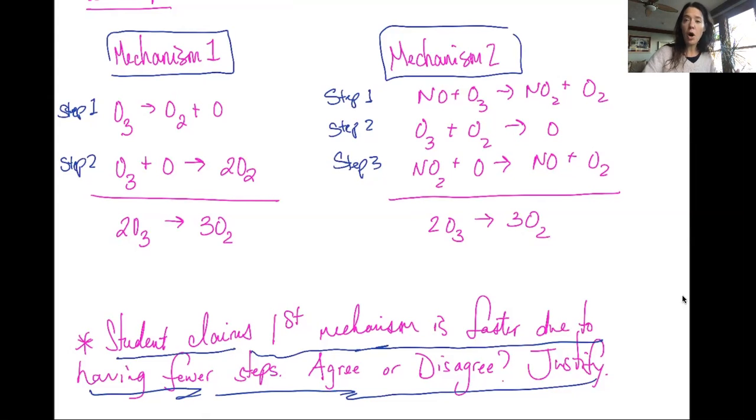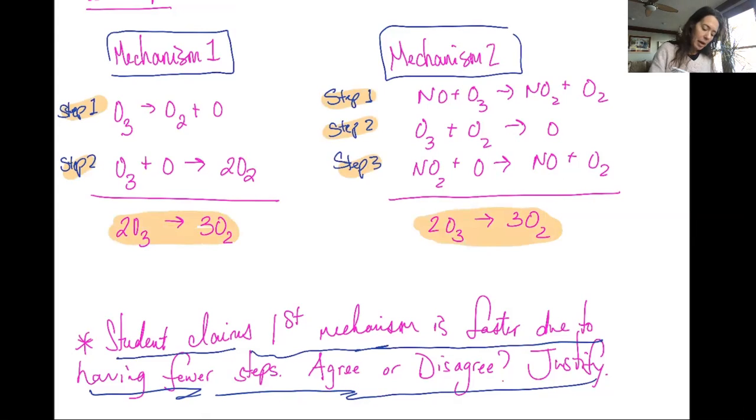Now, you should pause and think about making a claim for your answer based on the evidence. So here's my answer. Mechanism 1 only has 2 steps, and mechanism 2 has 3 steps, which is obviously more. And both mechanisms give us the same overall balanced equation.